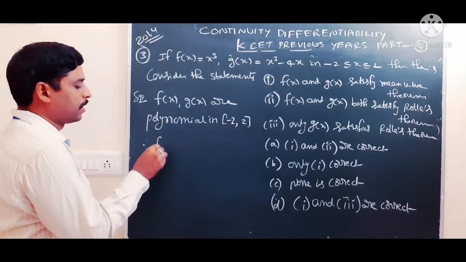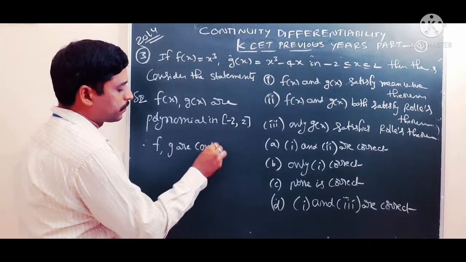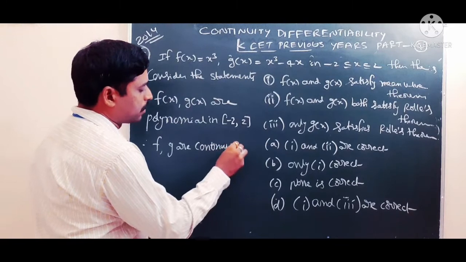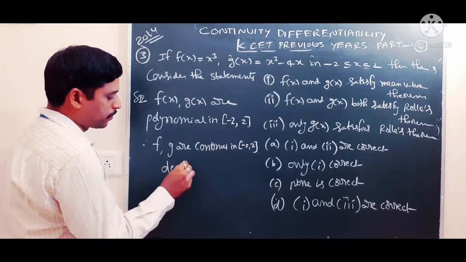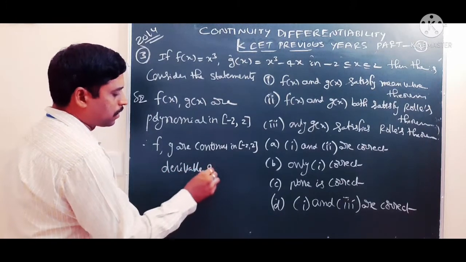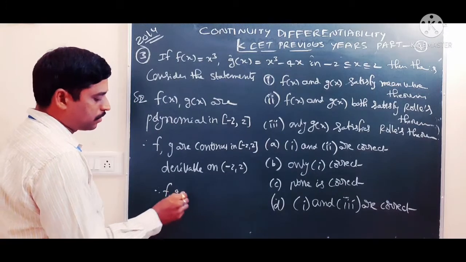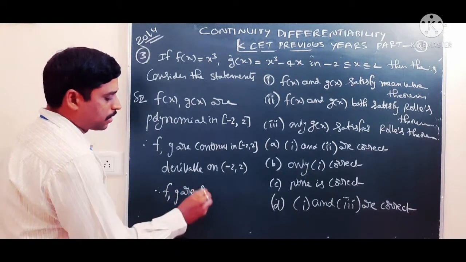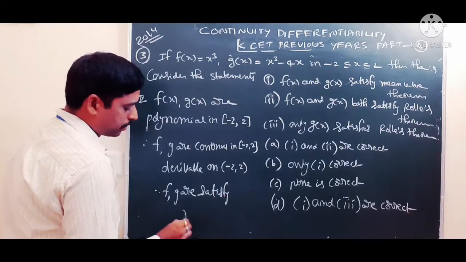Therefore, f and g are continuous in minus 2 to plus 2 and derivable on the open interval minus 2 to plus 2. Therefore, f and g satisfy the mean value theorem.